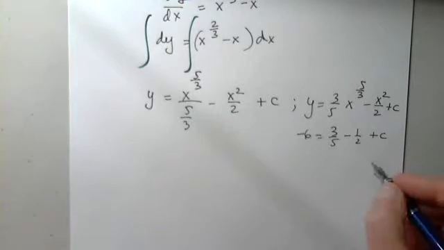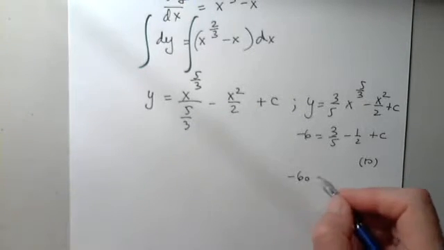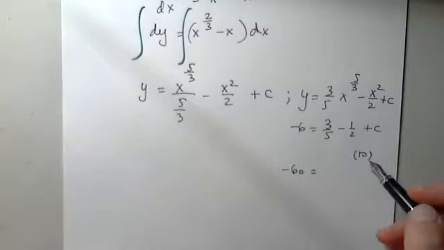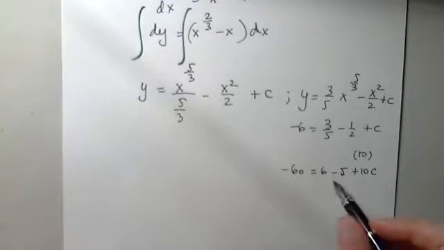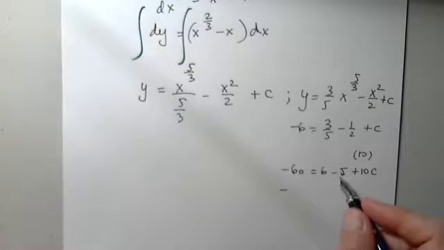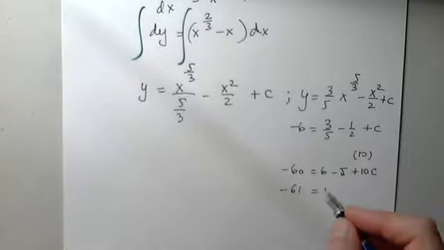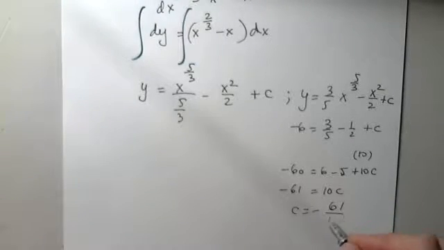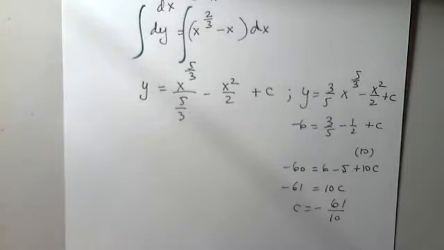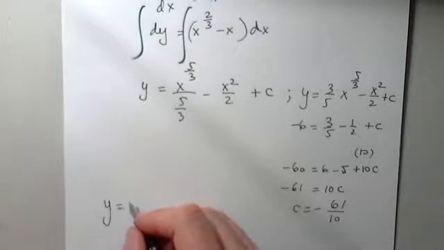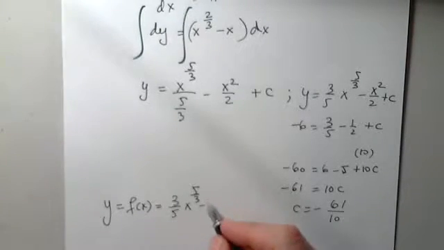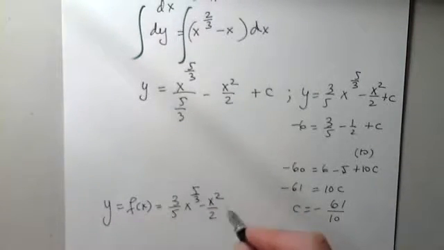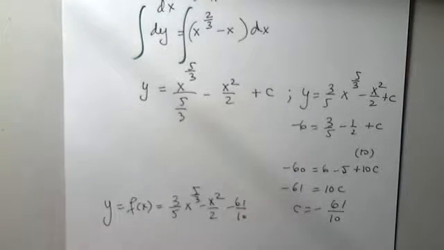I will multiply both sides by 10. So -60 equals 6 minus 5 plus 10c, and that's 1. So I subtract 1 from both sides, and 10c equals -61, so c equals -61 over 10. So I have the particular solution, the function 3/5 x to the 5/3 minus x squared over 2 minus 61 over 10. And that was problem 9.